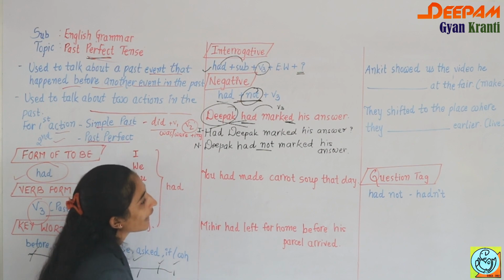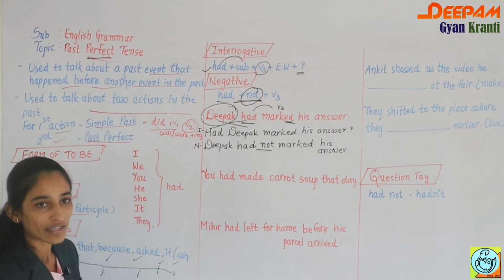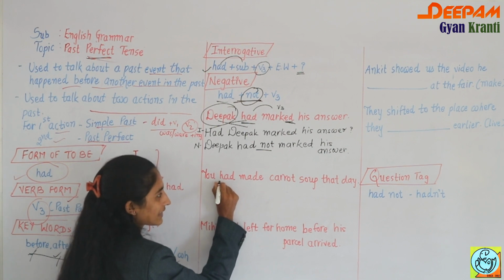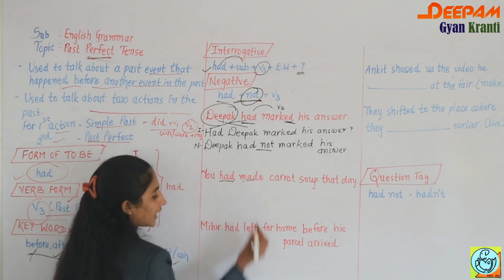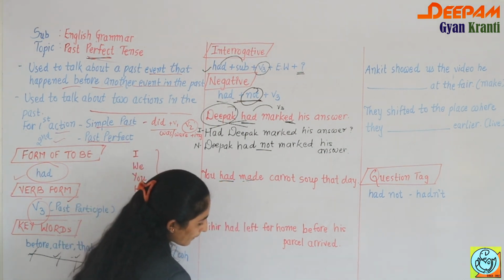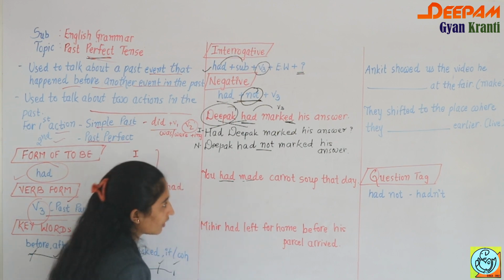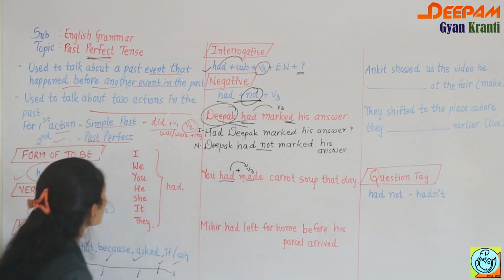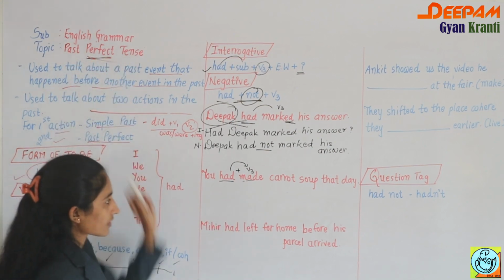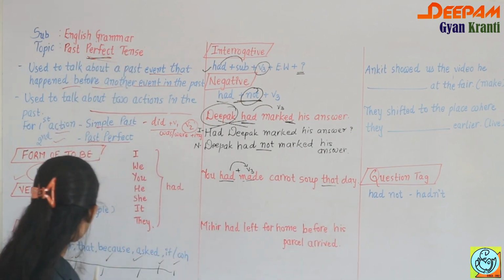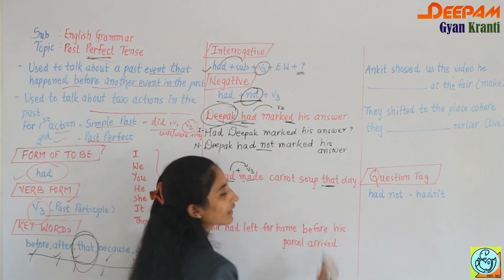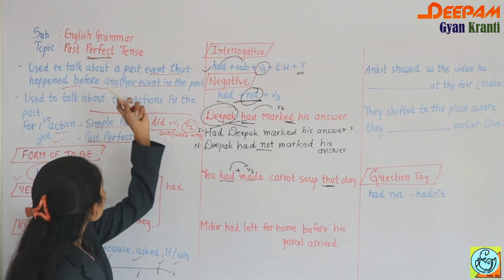The next one: you had made carrot soup that day. First of all we will check the tense. So had, made, what is the main form? Make. Okay, then made is V3. So had plus V3 means which tense? Past perfect tense. Then that day, as we have already discussed, indicates the past perfect tense.